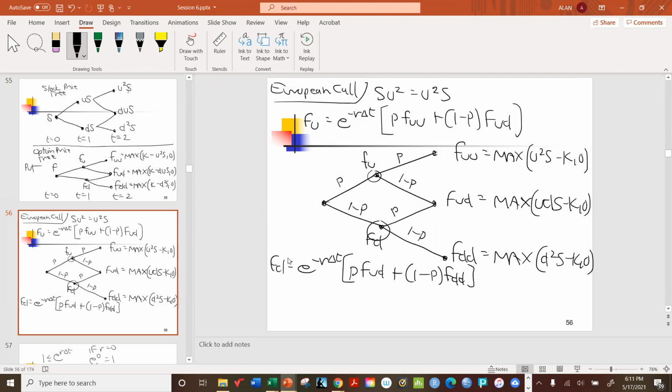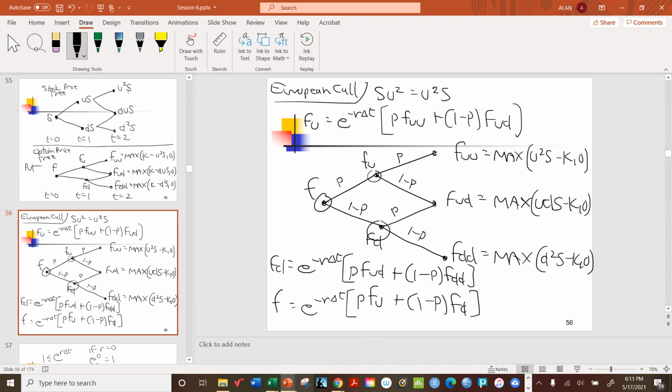And then I've got one more step, that would be F. This is what I'm ultimately interested in. So I'll do the same exact thing. If I go up from this node, I'll reach FU. And if I go down, I'll reach FD. And so that's how I ultimately calculate the price of this European call based on this tree.